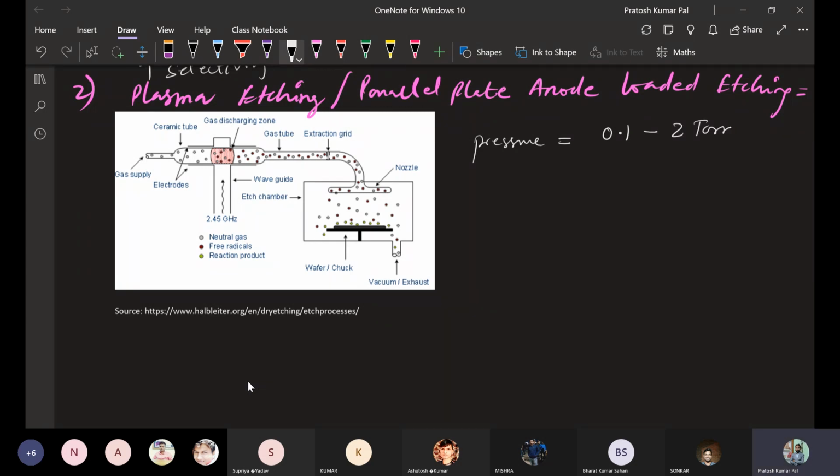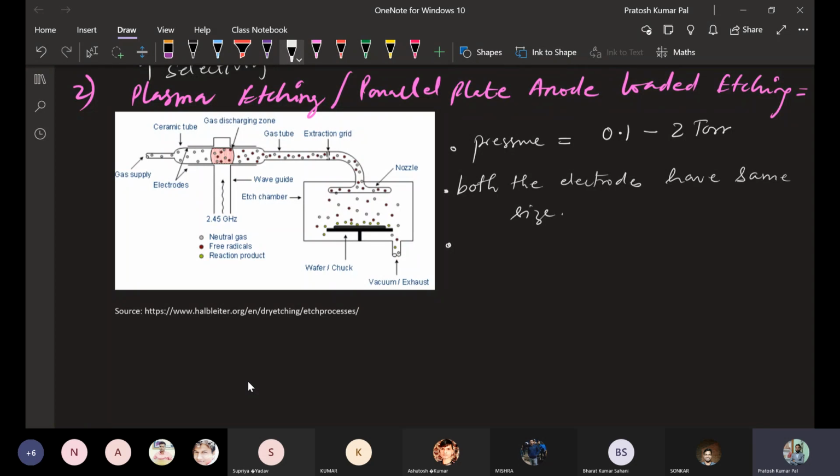So here the pressure will be somewhat more than the previous method, and also both the electrodes have the same size. Here both the electrodes are considered to be of the same size.